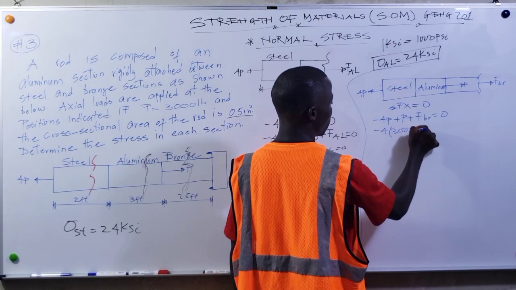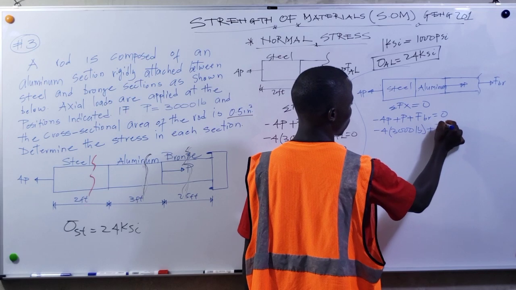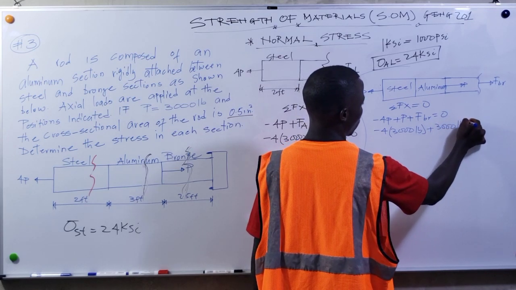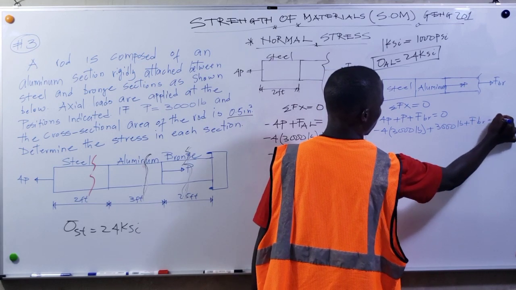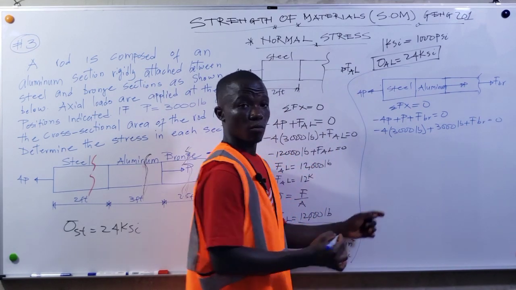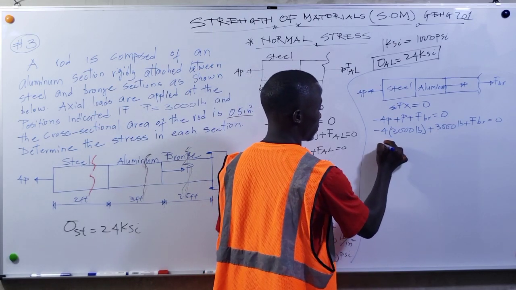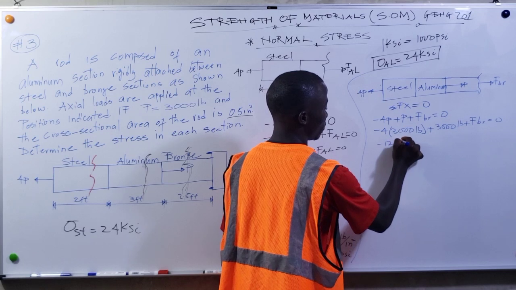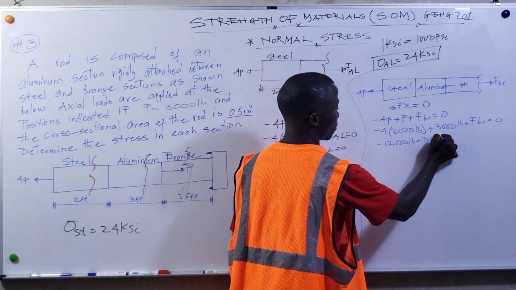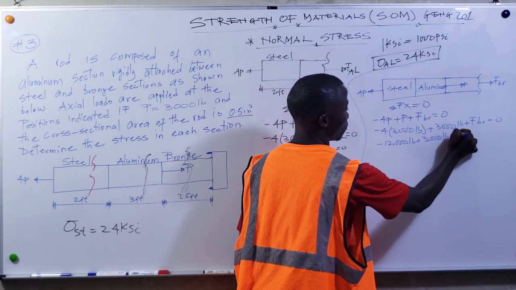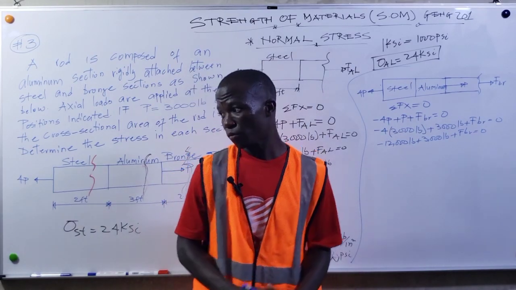So we get P equal to 3000 pounds, plus another force, which is 3000 pounds, plus force in the brooms is equal to 0. We know that 4 times 3000 again 12,000 pounds, minus 12,000 pounds plus 3,000 pounds plus force within the brooms is equal to 0.